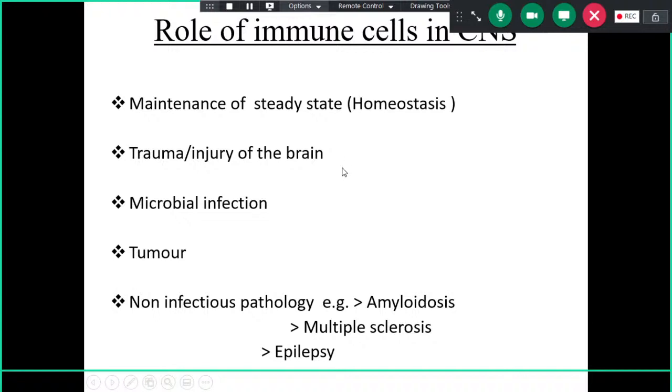If the microglial cells recognize any kind of antigen, either tumor antigen or microbial antigen, then they will produce a large amount of different cytokines. They will grab the particular antigen and present it to the circulating T and B cell inside the brain.